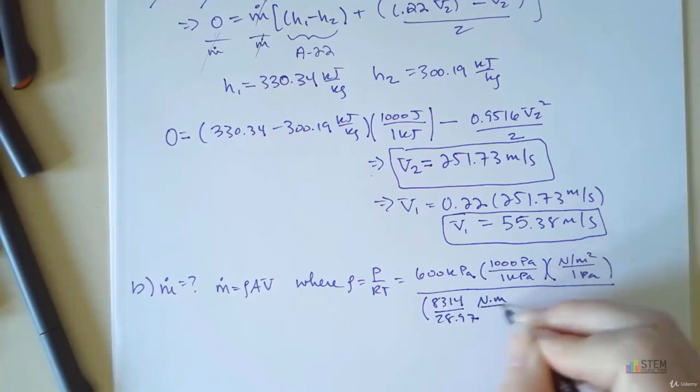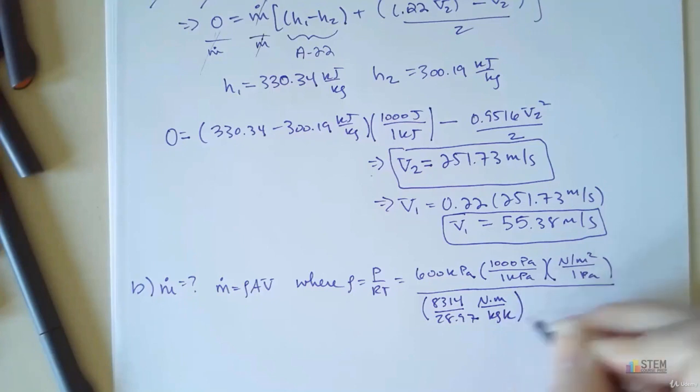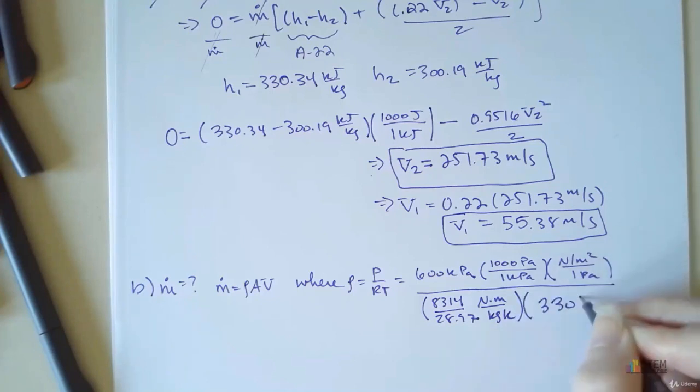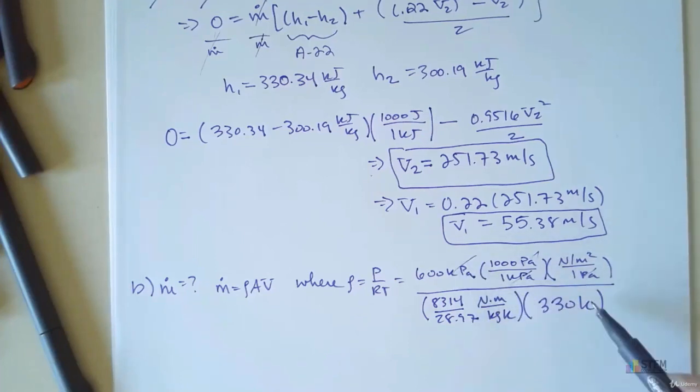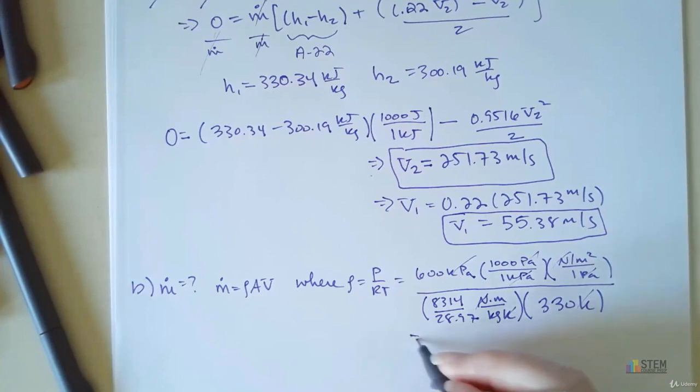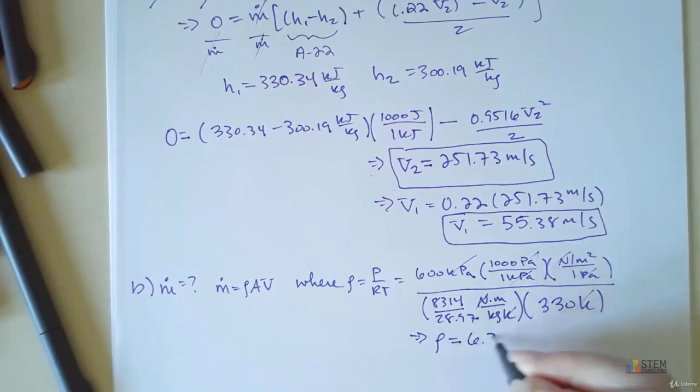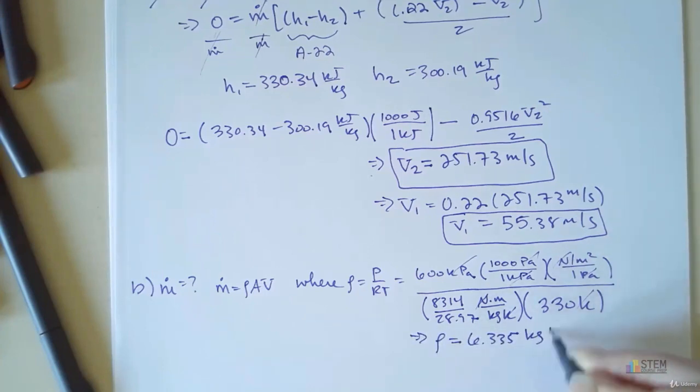That's going to be newton meters per kilogram Kelvin. Multiply that by the temperature. That's already in kelvins, so we don't have to convert there. Now we've got all of the units that we need. So notice all of this cancels out. What you are left with will be kilogram per cubic meter. So density is now going to be 6.335 kilogram per cubic meter.